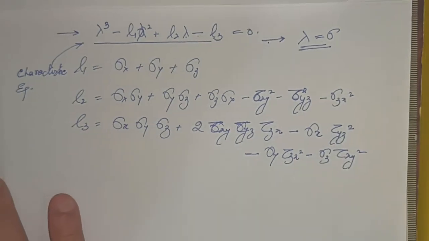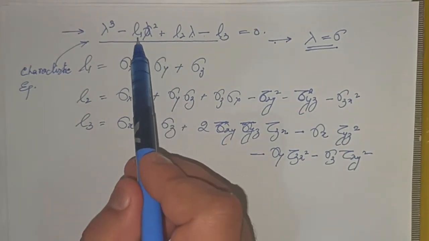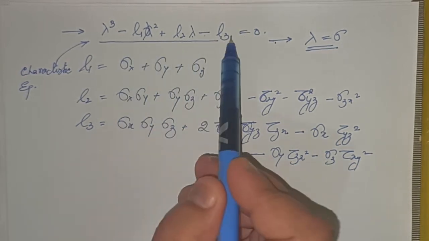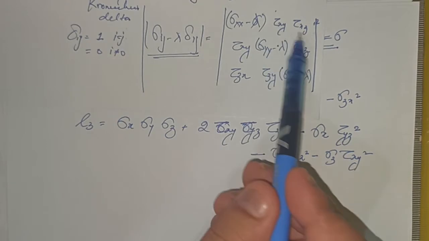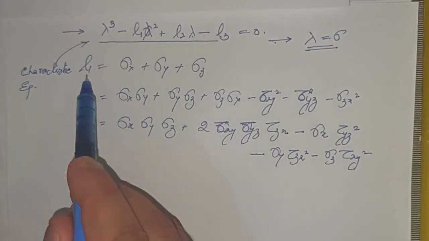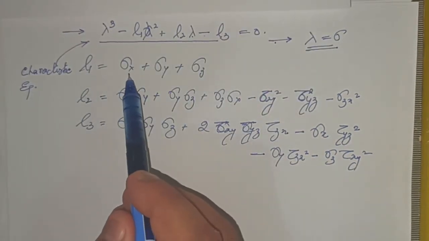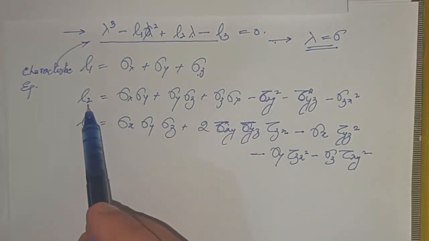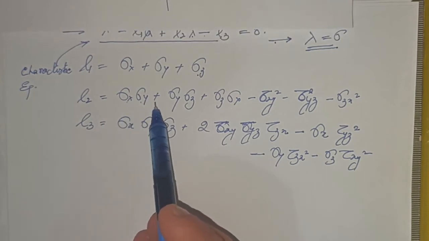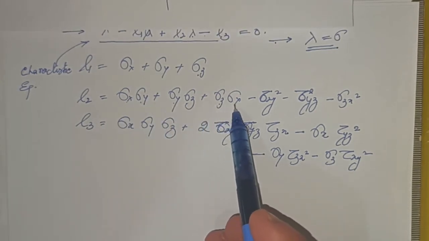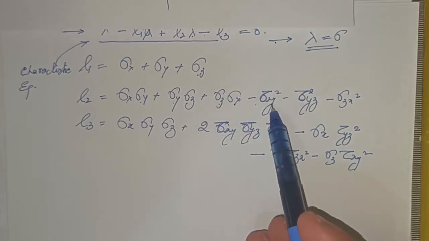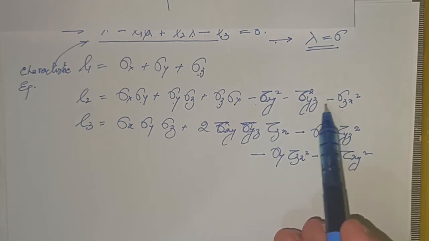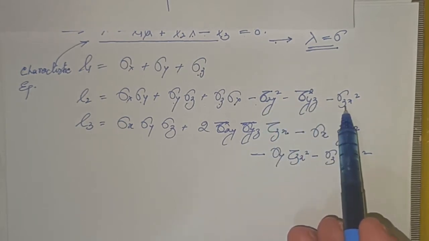In this equation, as you can see, there are some quantities like L1, L2 and L3. These are part of the equation when you have solved the determinant. L1 equals sigma x plus sigma y plus sigma z, the summation of all the normal stresses. L2 equals sigma x sigma y plus sigma y sigma z plus sigma z sigma x, minus the squares of the independent shear stresses xy, yz and zx.